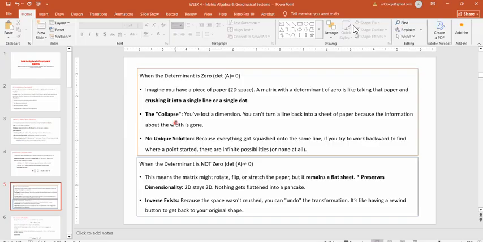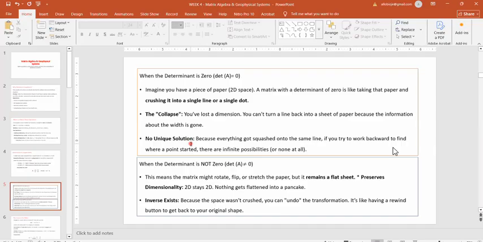The collapse is a result of the fact that you have lost the dimension. Something that is two dimensional is now becoming a dot. You can't turn a line back into a sheet of paper because the information about the width is gone. Everything got squashed onto the same line.